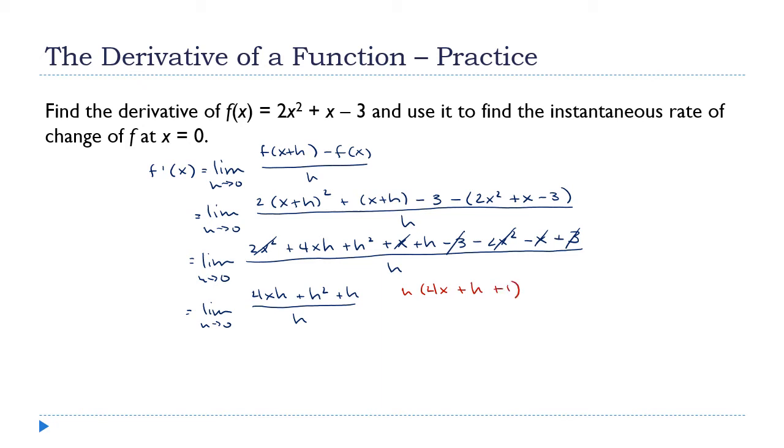Now the h's cancel, and I'm left with the limit as h approaches 0 of 4x plus h plus 1. And if you replace the h with 0, the derivative of this function is 4x plus 1. So f prime of 0 is just 4 times 0 plus 1, which is 1. And that's it. There's my instantaneous rate of change.